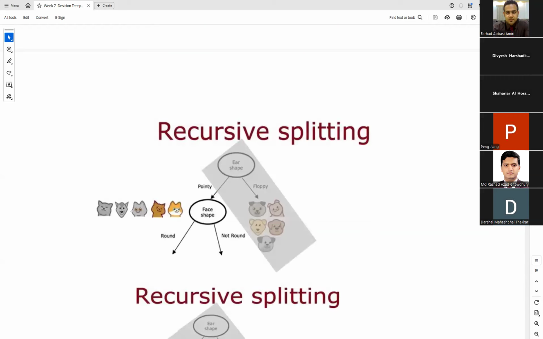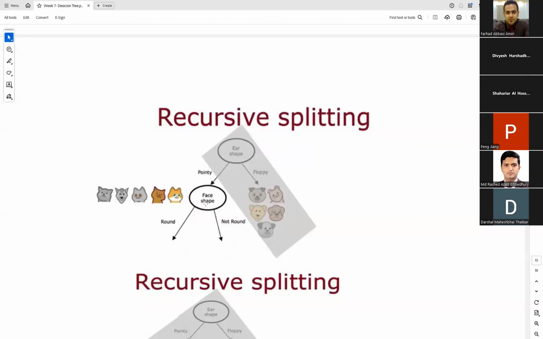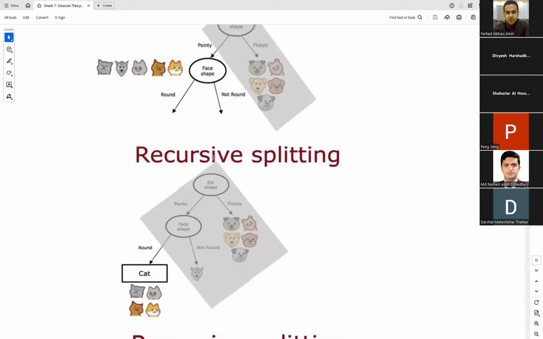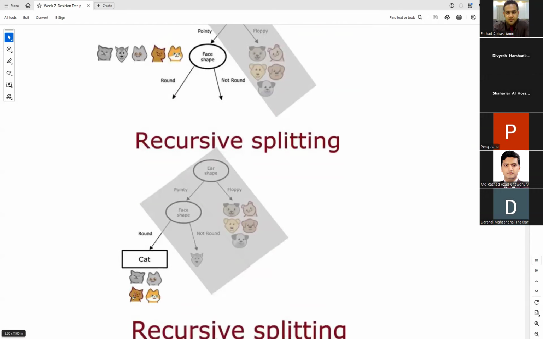Now it's time to split these 5 animals on another feature, let's say face shape, which has 2 possibilities, round and not round. Let's say for round and not round, we got these 2 classes, just 1 dog on the right branch and 4 cats here. Because it's 4 cats out of 4 animals, now we can make a decision.